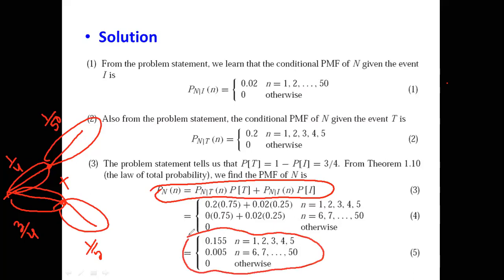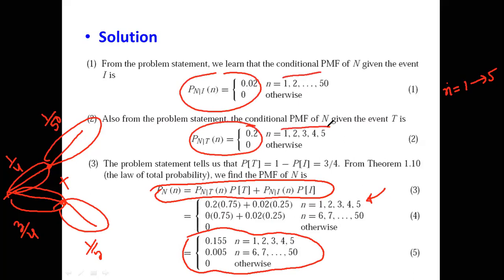How to find out that one? Remember one thing. For different ranges, we are having different probability. When the value of n equals 1 to 5, we will talk about this probability, also this probability, because they are both valid for 1 to 5.